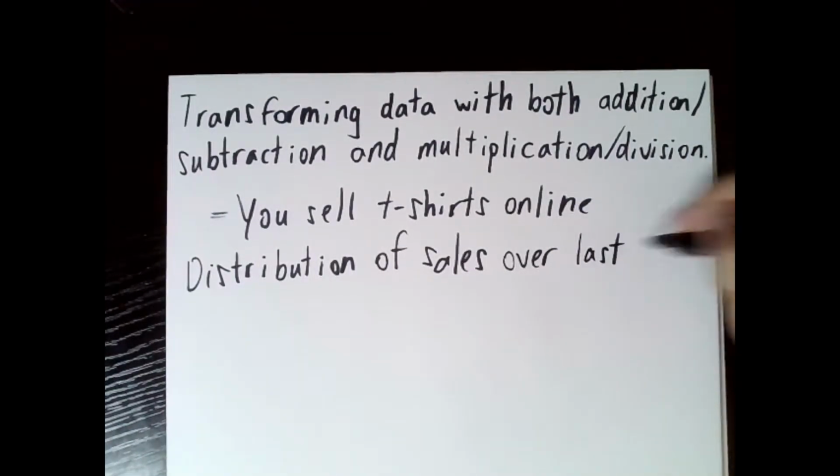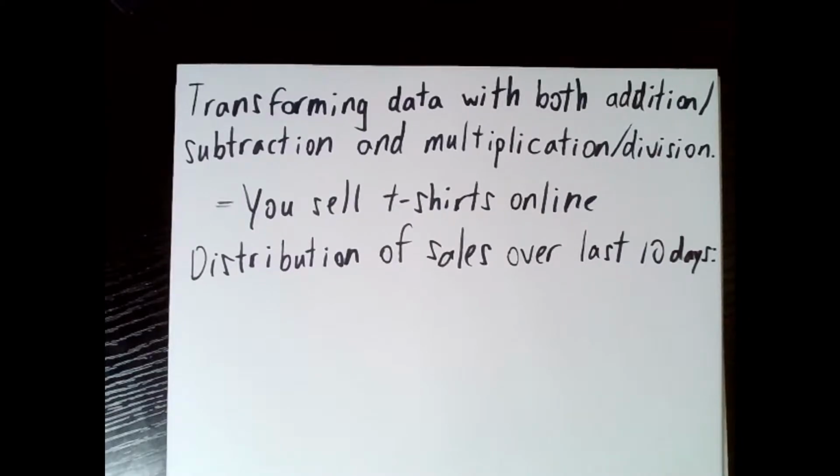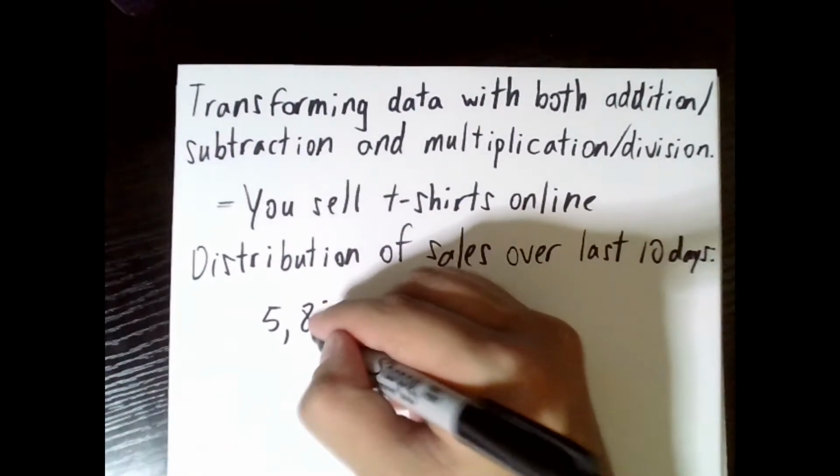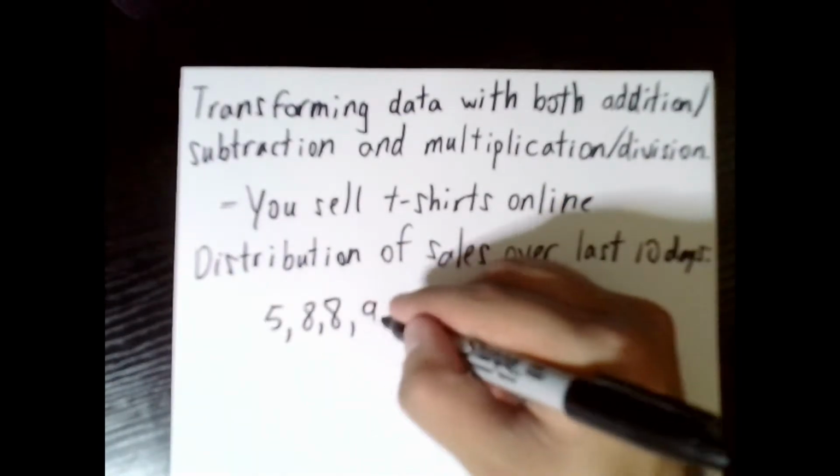And I'm going to use the same distribution used in the previous video. So here's your distribution of sales over the last 10 days. I might use some different transformations here, but that's to be expected.